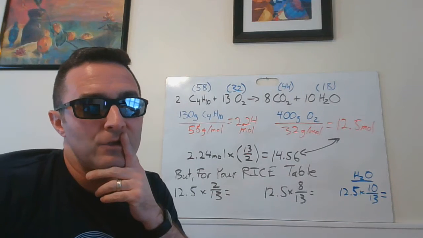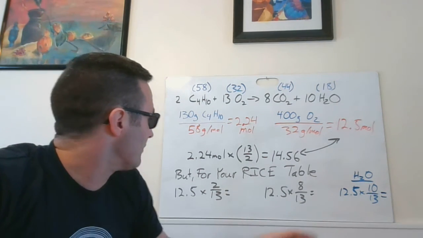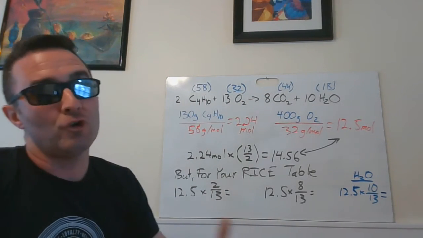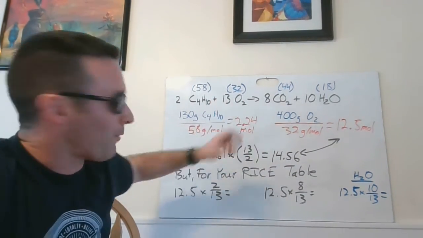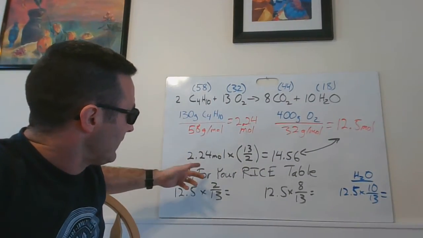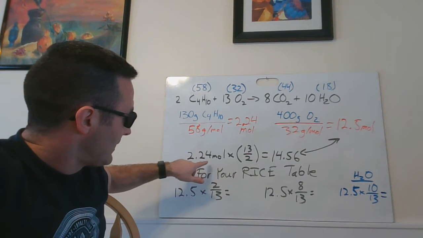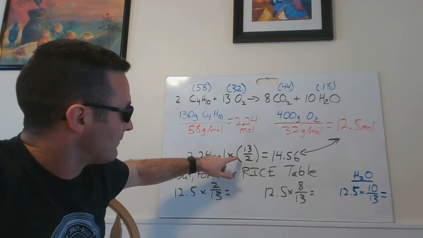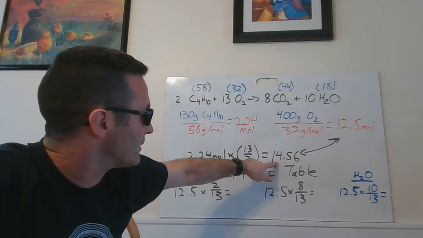Well, now you've got to do a comparison to get your limiting reagent. And that's not too hard. Well, it's a 13-to-2 relationship. You could just say it's a 1 to 6.5 to make it easy, but let's use our equation. So theoretically, if I wanted to see if this comes out perfect, take my 2.24, if I multiply it by 13 halves, I would need 14.56 moles of oxygen for it to come out perfect.